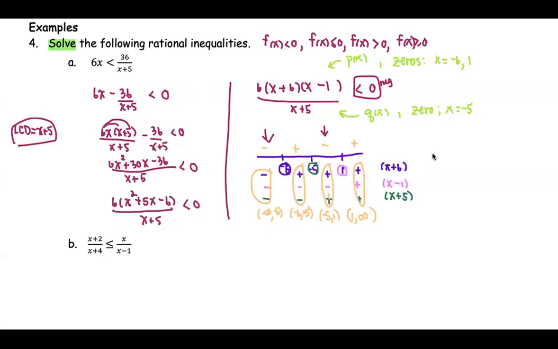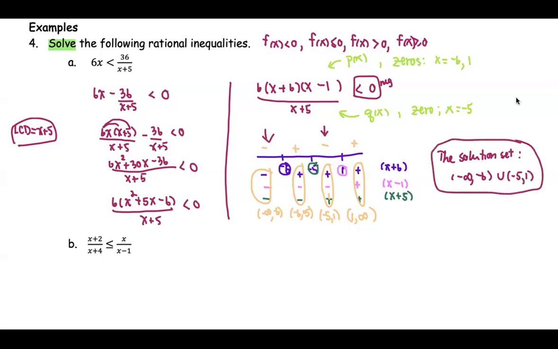Therefore, the answer for this one, I'm going to write as, the solution set will be the one that has negative inside. So it's going to be negative infinity to -6, union, the one between -5 and +1. So this is going to be the answer for this problem.